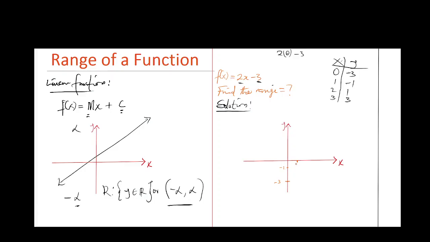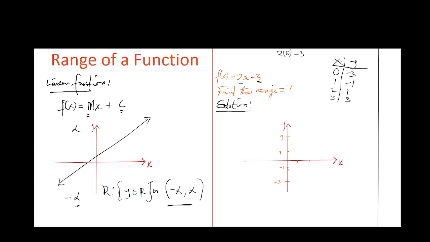And when x is 2, y is 1, so we'll take 1 to be somewhere here. When x is 3, y is 3.